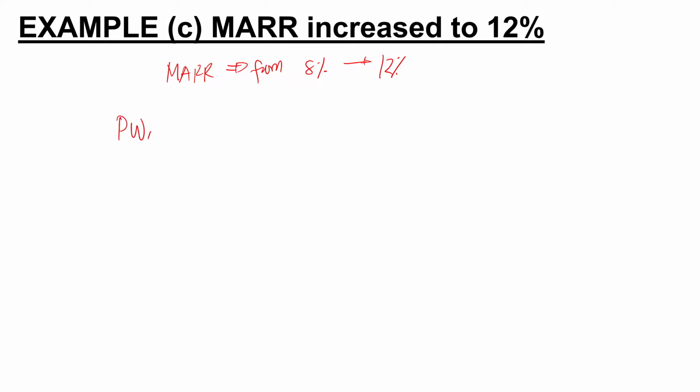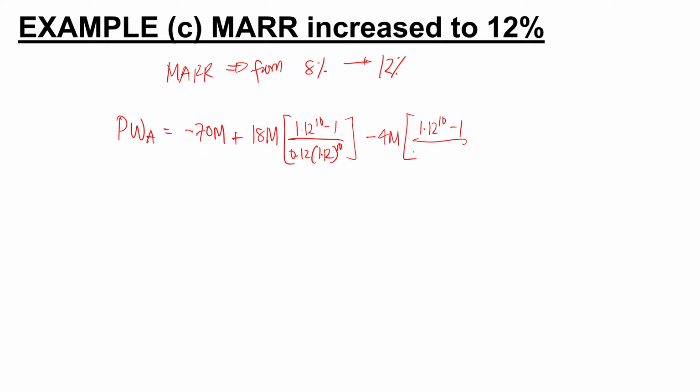That is what we're going to do for this one. So since the MAR is changed, we need to calculate the present worth of both alternatives A and B. So we have our 70 million initial cost and our MAR. So this becomes 1.12 raised to 10 minus 1 over 0.12 times 1.12 raised to 10, and then minus our annual operation and maintenance costs over 0.12 times 1.12 raised to 10, plus the salvage value of 5 million pesos, so this becomes 1.12 raised to negative 10.